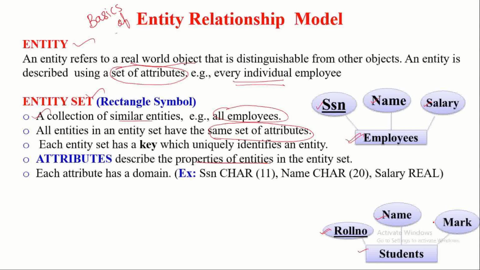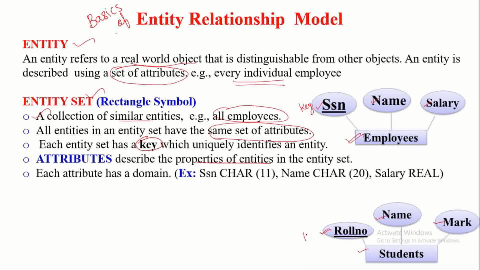Each entity set has a key. Usually, a key is a minimal set of attributes that uniquely identifies an entity, if they are not a weak entity set. Here, in the employee entity set, SSN is the key, and in the student entity set, roll number is the key.